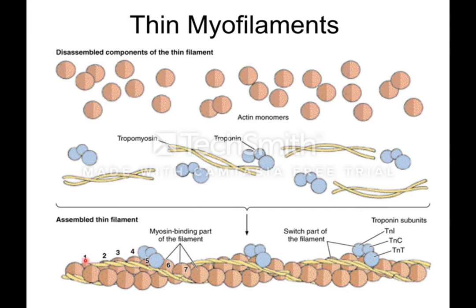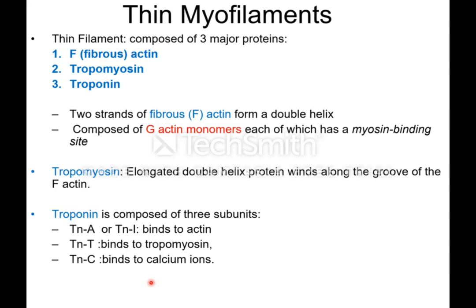This is the number of globular actins that the tropomyosin binds to and forms the fibrous or fibrillary actin. As written in the last slide, it is composed of G-actin monomers, each of which has a myosin binding site and also a tropomyosin binding site.